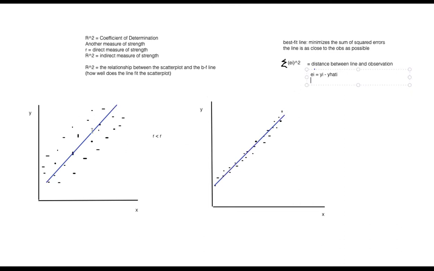So again, because I have more space here, I'm going to be demonstrating it here rather than here. So now let's do it in red, a different color. So now when it comes to every single observation here, I'm going to be looking at the vertical distance.